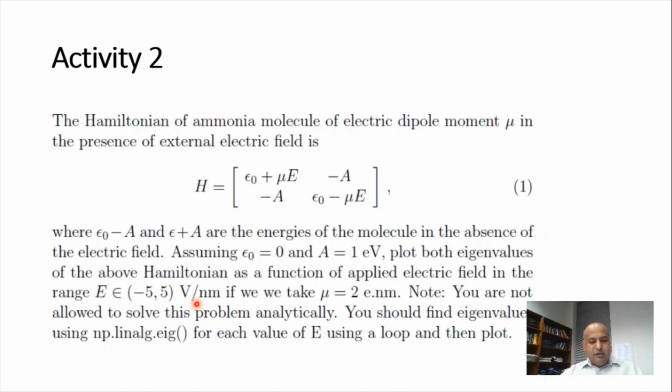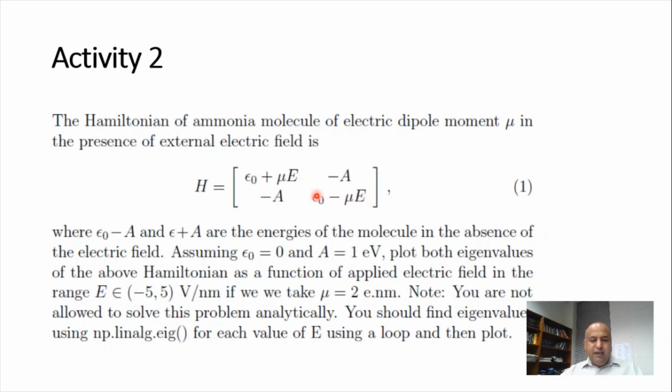You can take, maybe, 1000 points from minus 5 to 5. And for each value of E, I want you to find both of the eigenvalues, which are the eigenenergies of the Hamiltonian operator corresponding to this electric field E. Then prepare two lists.